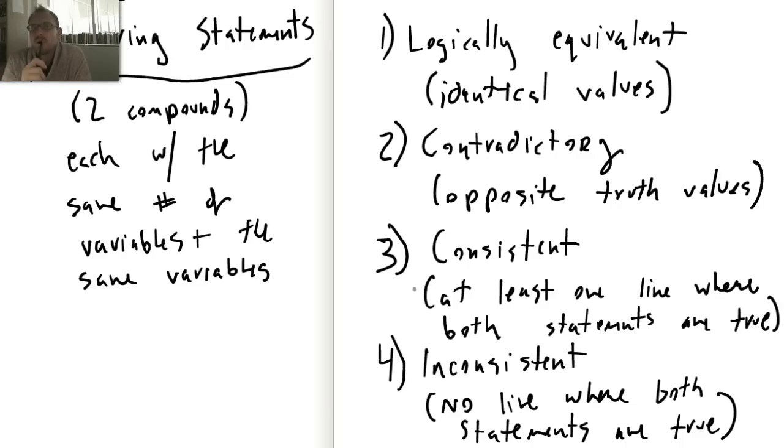Inconsistency means that both of them could be lying, right? But there's no case in which they're both telling the truth, right? That's inconsistency. Consistency means they could both be lying, but there is a possibility that they're both telling the truth. Contradictory means one of them is true and one of them is false. Logically equivalent would mean they both have the same story, if you will. And that might hopefully help you in terms of thinking about these things.